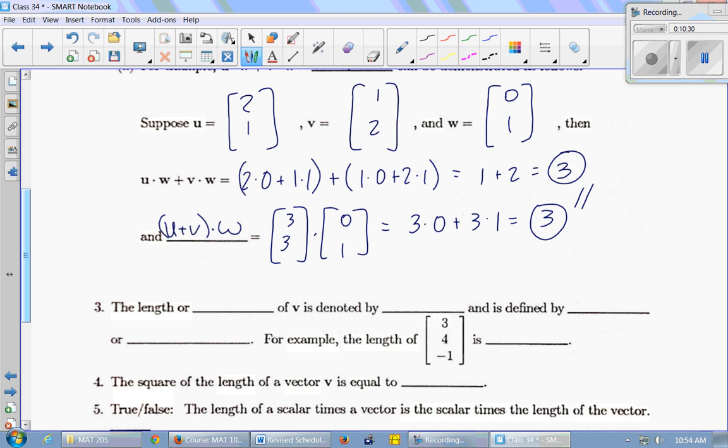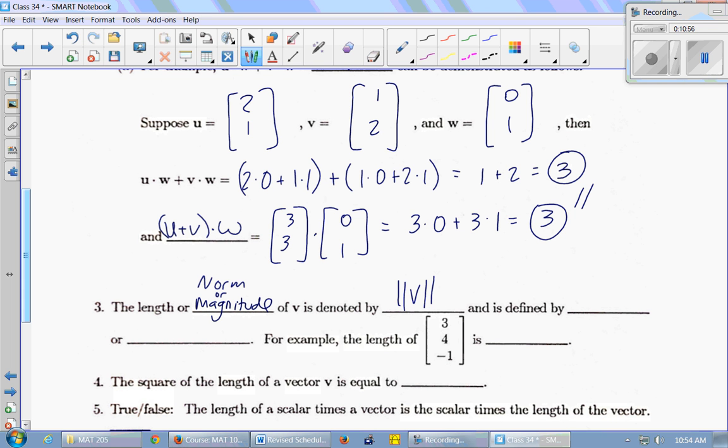Okay, the length or magnitude, but your book never used the word magnitude. What word did they use? Norm. The length or the norm or the magnitude of a vector is denoted by these double absolute value brackets.